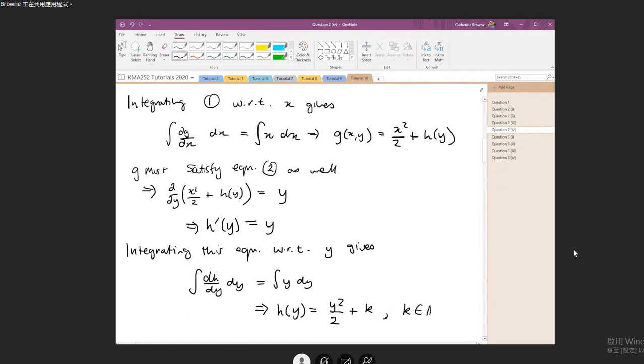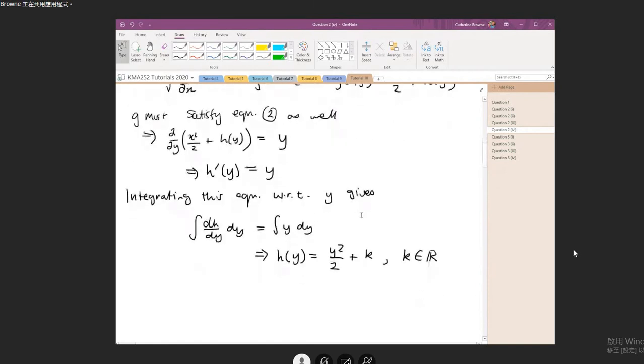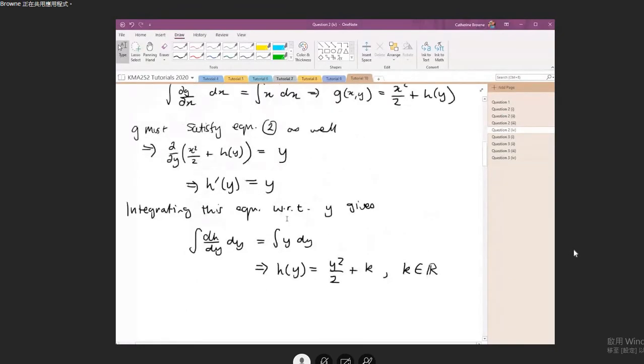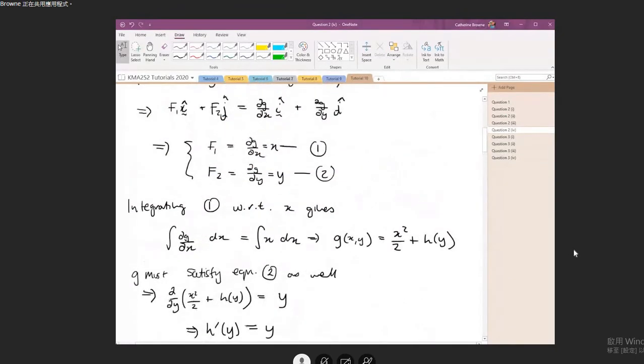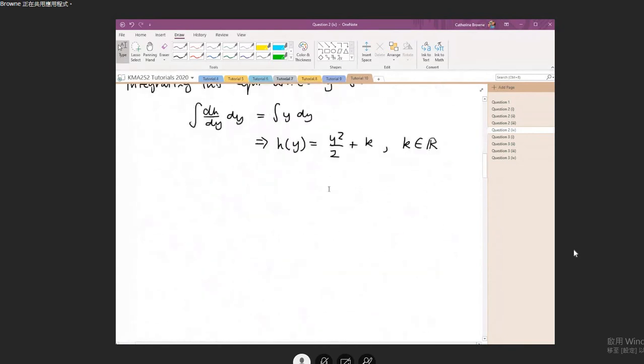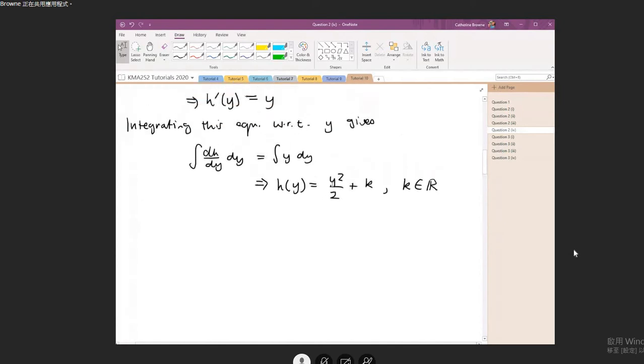So this time, h is only a function of y. In the first case, when we were integrating, g was a function of x and y, which is why we had plus a function of y, which could include a constant. But now h is just a function of y. So when we've integrated, it's y squared on 2 plus k, which is a constant that we don't know about.